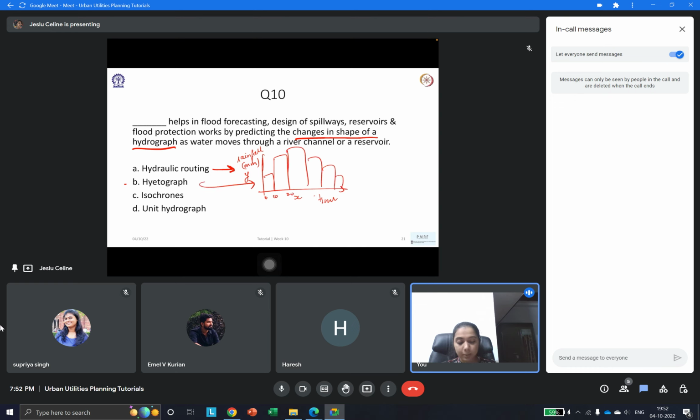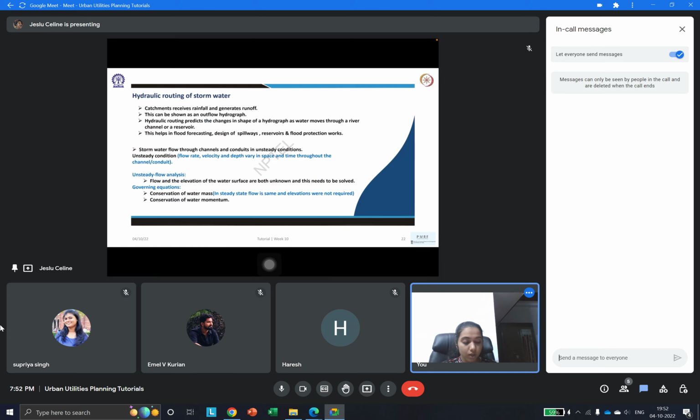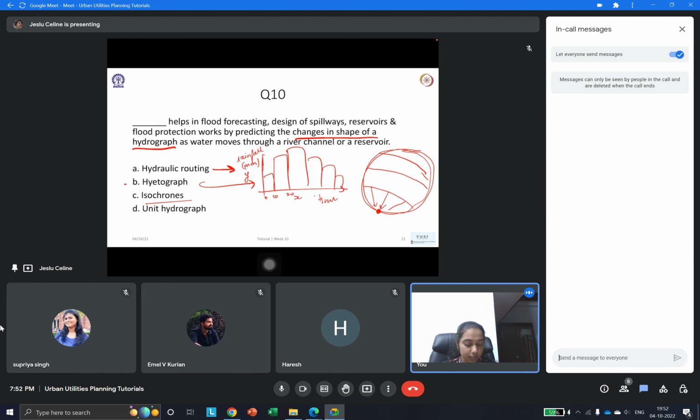And what are isochrones? Isochrones basically, if you have an entire catchment area and your mouth of the inlet over here, the area is divided into certain portions based on the time required for water to reach it.